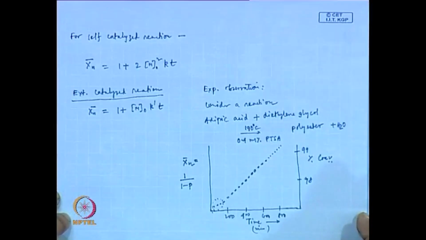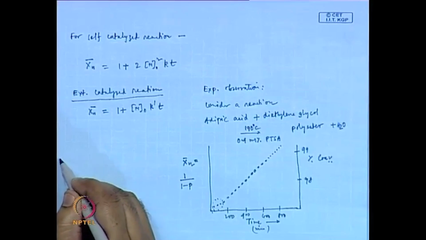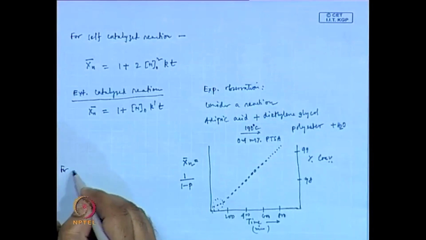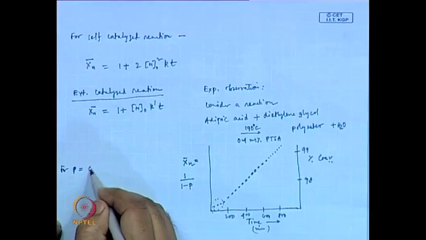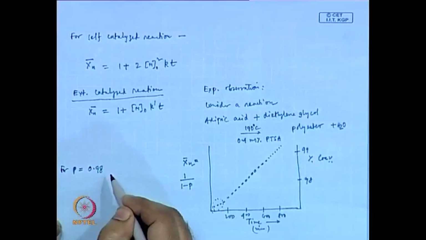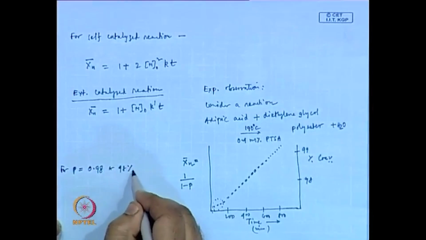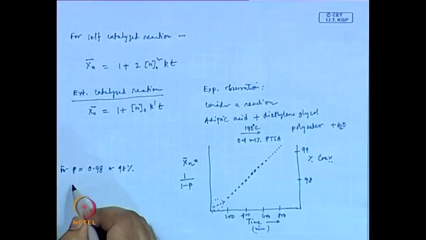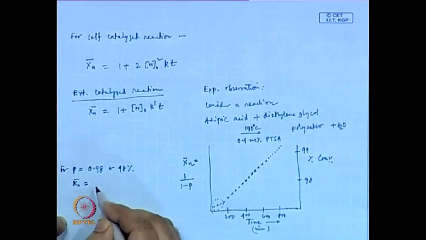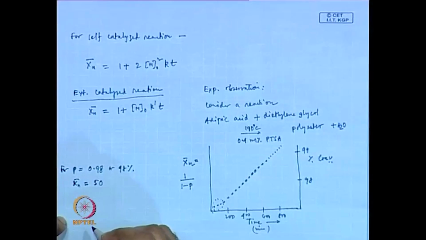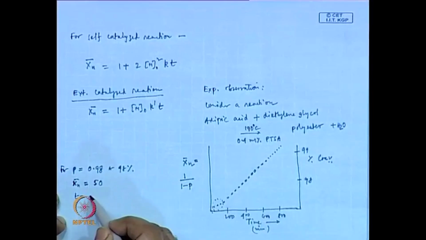So, what are the other observations we can make here? For a conversion P of 0.98 or 98%, which corresponds to an Xn bar of 50, T is around 450 minutes.